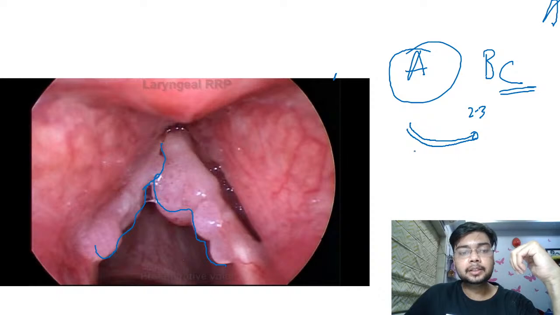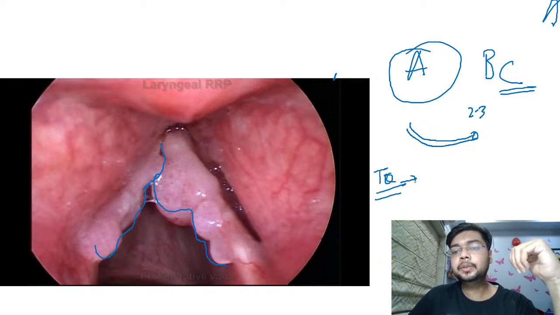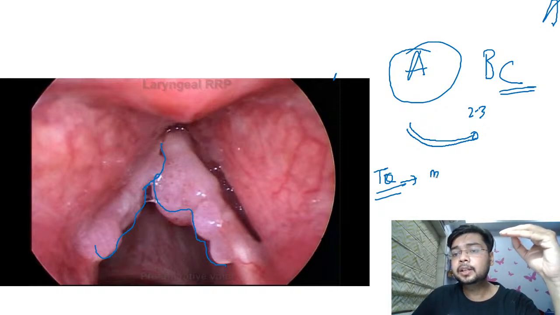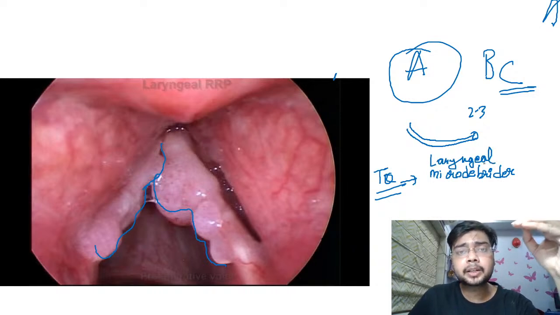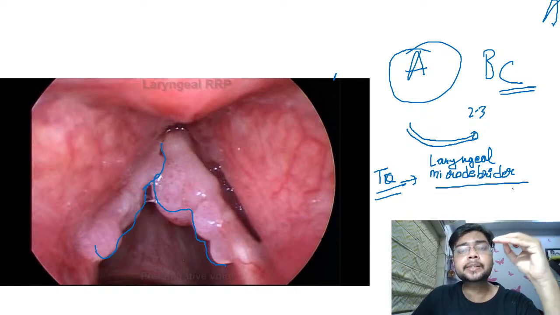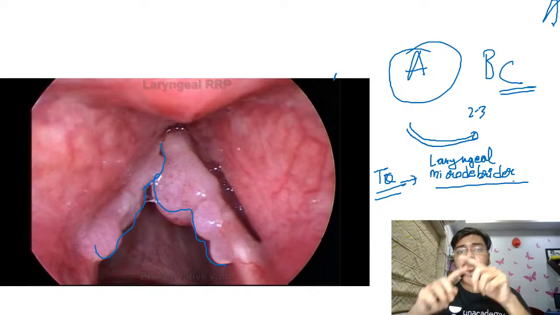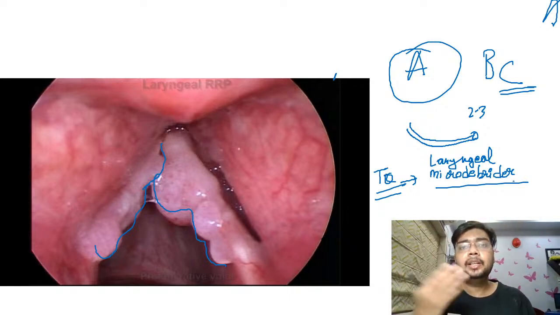Okay, and another thing regarding this is the treatment of choice. What is the treatment of choice? The treatment of choice is removal of these papillomas. You have to debride them, and the treatment of choice is debridement by microdebrider. There is one instrument called the laryngeal microdebrider, which we use to debride and reduce the disease burden in the laryngeal inlet.